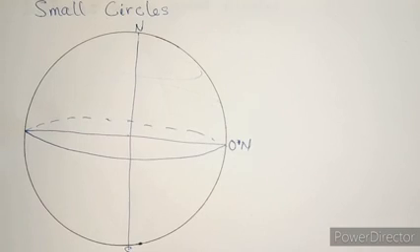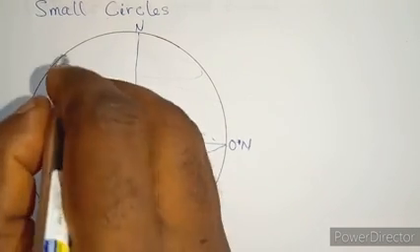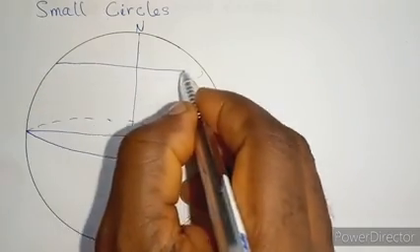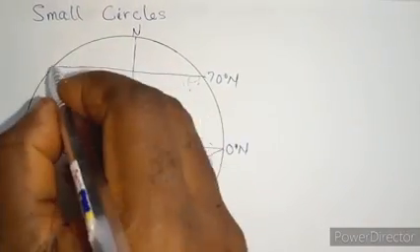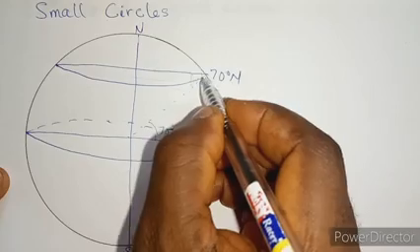When 2 points are on the same latitude, say we have a latitude here, let's call this 70 degree north. Assume that we have a latitude here that is 70 degree.